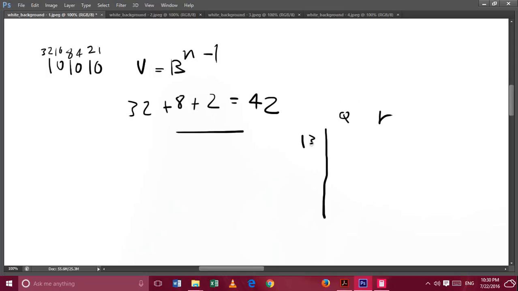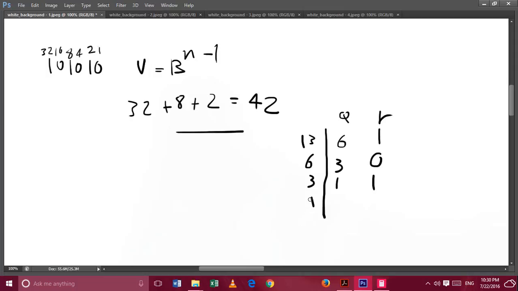So let's do that. 13 divided by 2 would be 6, and then the remainder is 1, because 6 times 2 is 12 plus 1, 13. Pass the quotient here. 6 divided by 2 would be 3. Remainder is 0, because 3 times 2 equals 6. 3 divided by 2 is 1, and then remainder is 1.